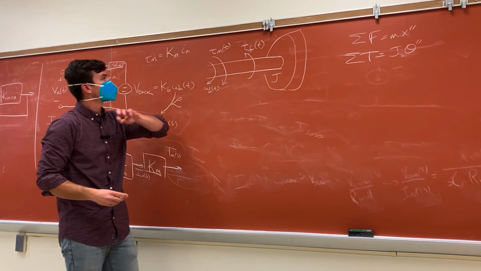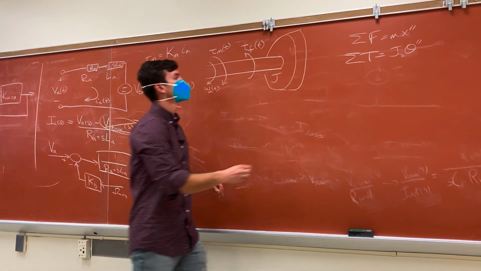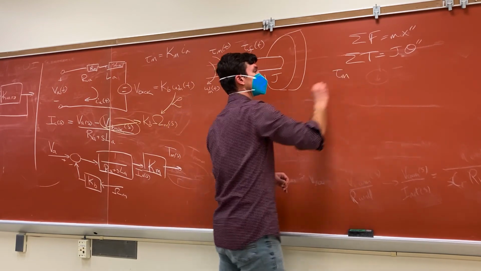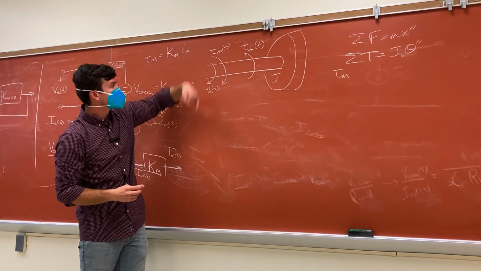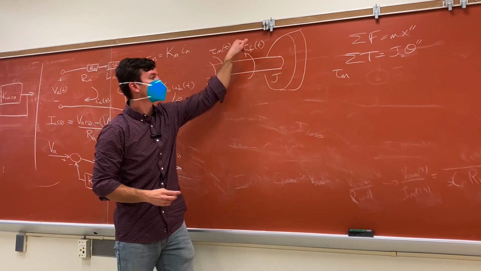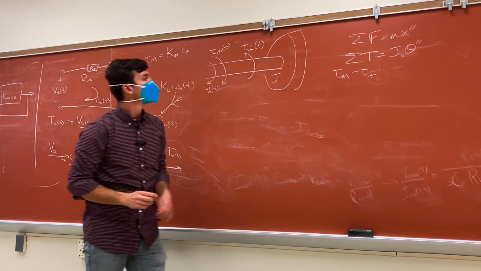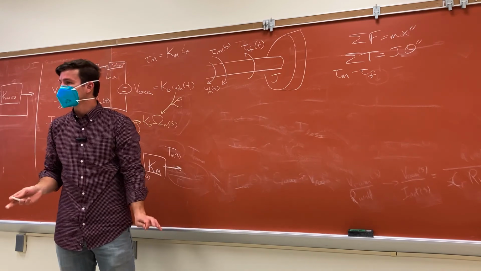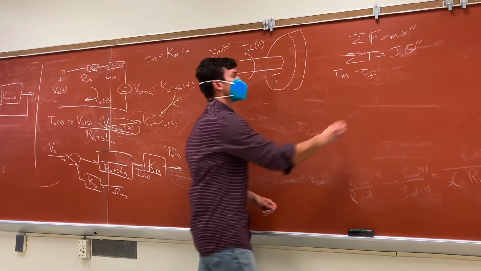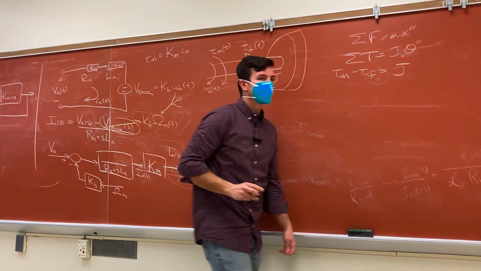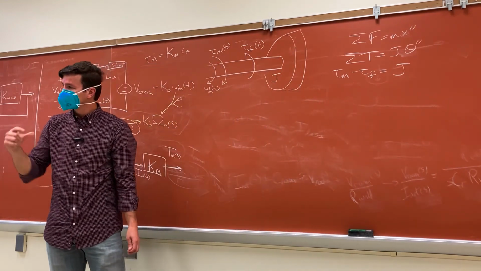So what are our torques here? There's the motor torque in the positive omega direction. There's the friction torque in the opposite. And that's it. That's all the torques that we're modeling here. Moment of inertia takes the place of mass when you're talking about rotational problems.